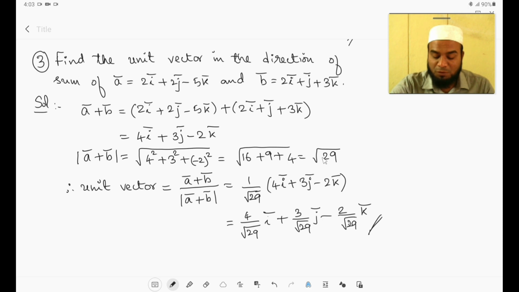Then we divide the vector a bar plus b bar by its magnitude and got 4 by square root of 29 i bar plus 3 by square root of 29 j bar minus 2 by square root of 29 k bar. This is how we solve problems related to vector addition and scalar multiplication.